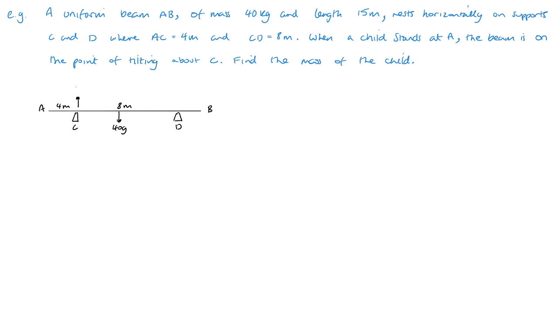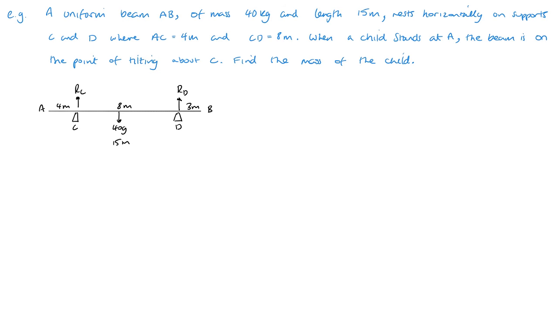Then we've got a reaction C and a reaction D. This is the scenario we've got at the moment, and the total length is 15 meters. So 8 plus 4 is 12, which leaves 3 meters at this end.